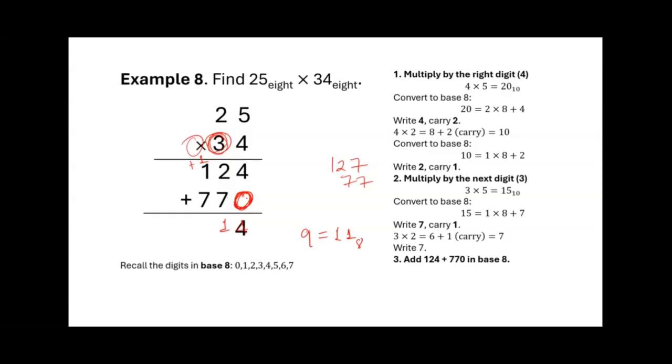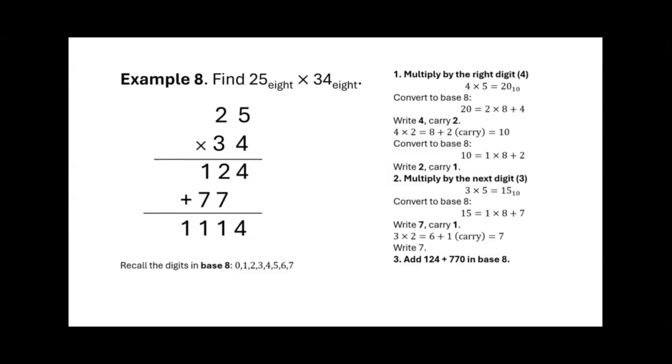Then 1 plus 1 plus 7 gives me 9. So I keep doing the same thing: I put a 1 and I carry the 1 to the next digit, but there's nothing else, so I just do the final carry. So the sum of 124 and 770 is 1114, which is my final answer.